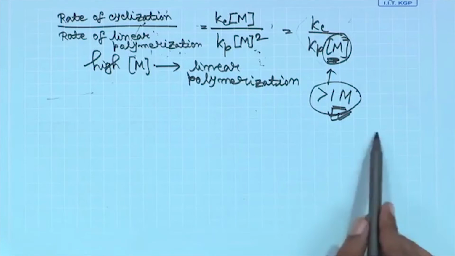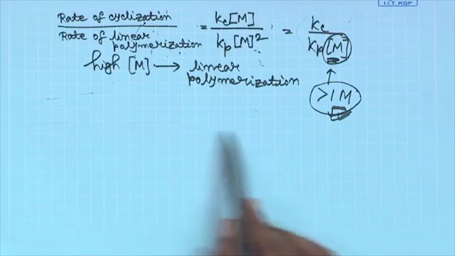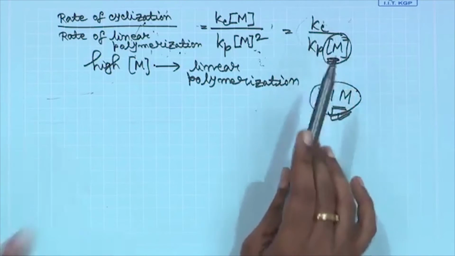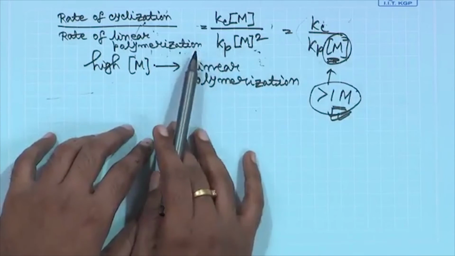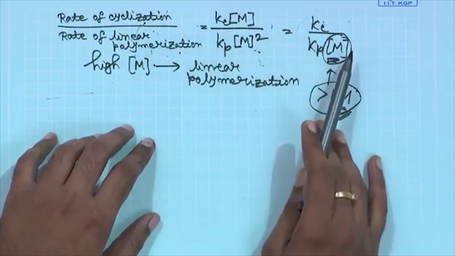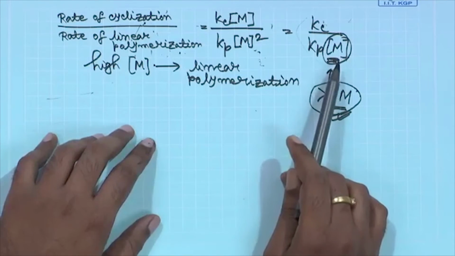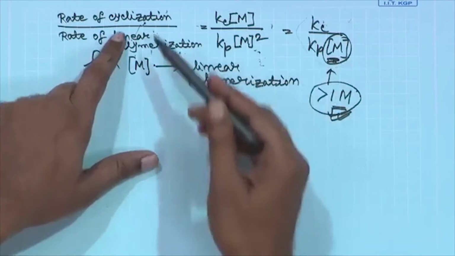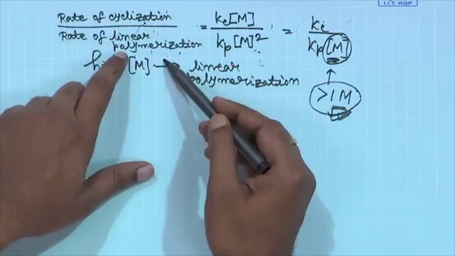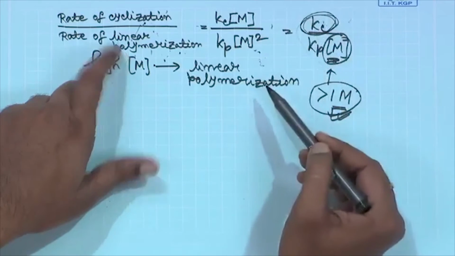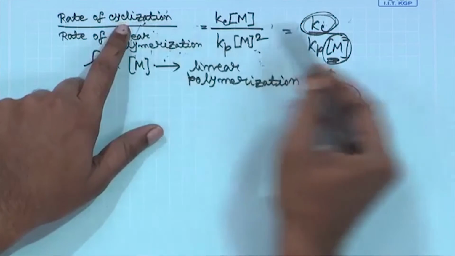So, the kinetic factor becomes important and cyclization may be disfavored. In that case the Kc will also decrease. So, as you go to higher and higher extent of reaction, your M decreases, which in effect will favor cyclization more over linear polymerization. However, your Kc also decreases because of the kinetic effect, so your rate of cyclization will also drop.